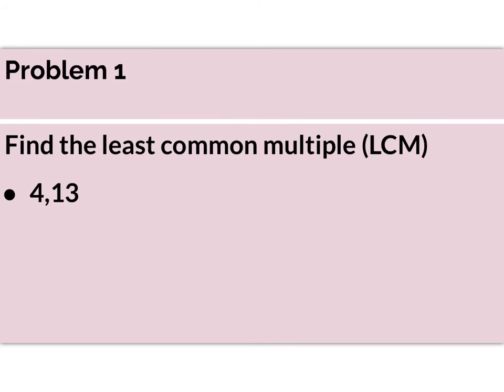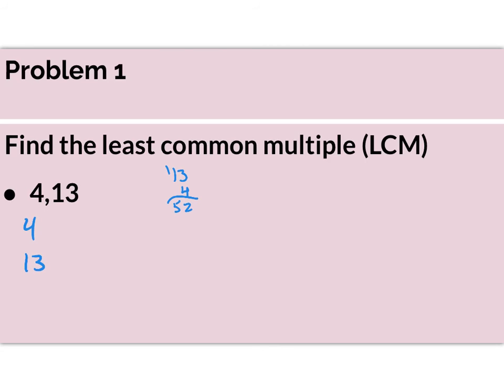Okay, since we had covered this stuff before, we will see that there's only two problems here. So, 4 and 13. What I suggest you do here is multiply these two numbers together. 13 times 4 is 52.